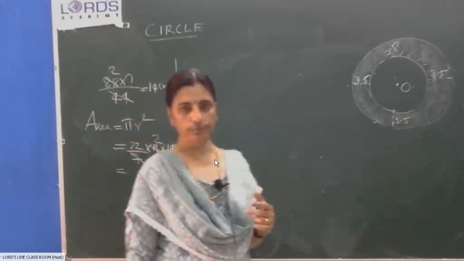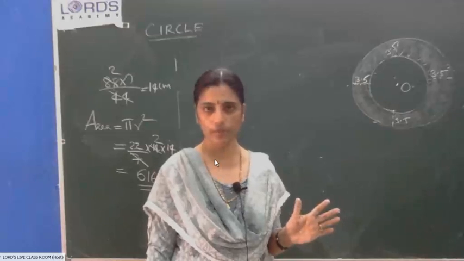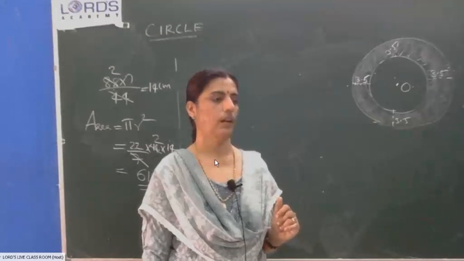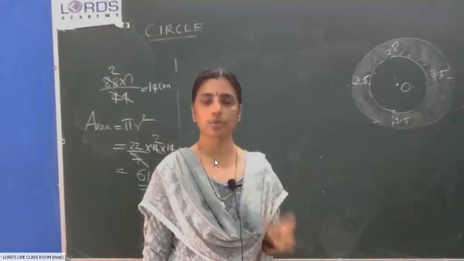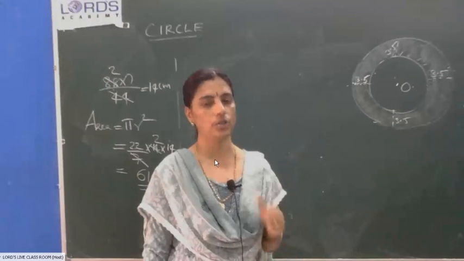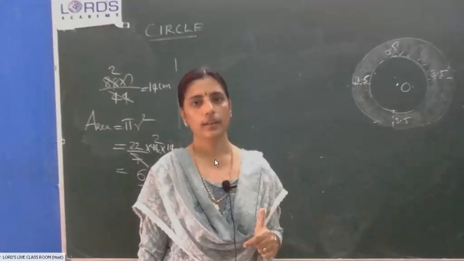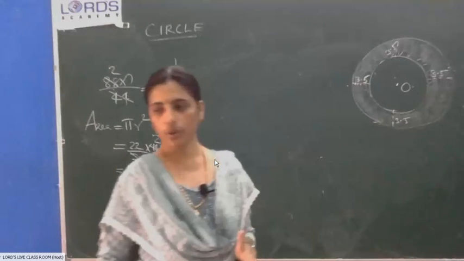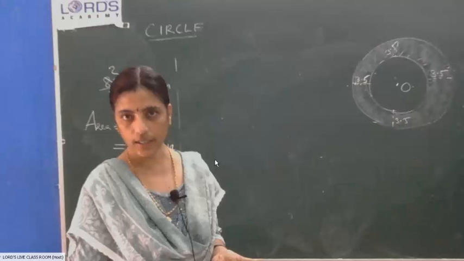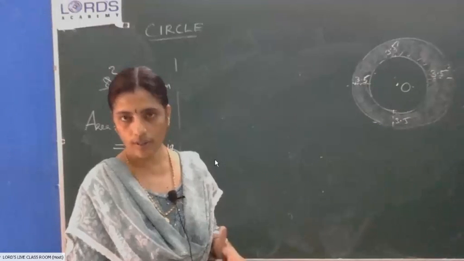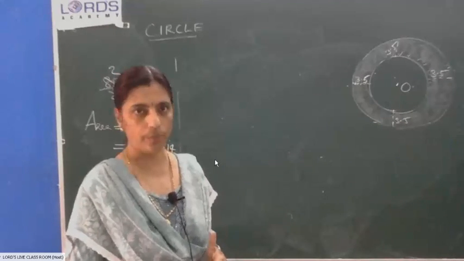Listen, all of you. Did you draw the picture? Two circles are there, so two radii will come here. You have to mark small r for small circle and capital R for big circle, okay? So inner circumference means small circle circumference. So that is 2 pi small r.